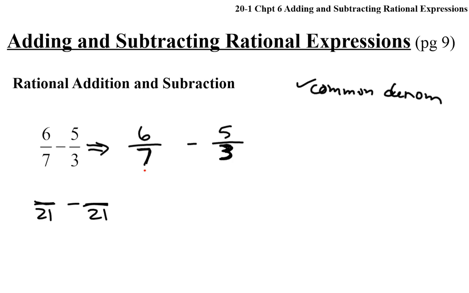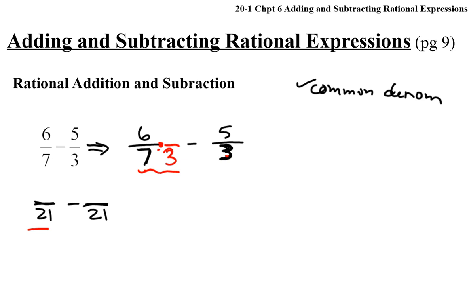Well, we have the 7, but not the 3, so we need to include a 3 over here. But if I include a 3, what's the math that has to be done with that? I want to add something, and what can I add? Well, in terms of math, if I multiply by a 3, 7 times 3 is going to give us our 21.